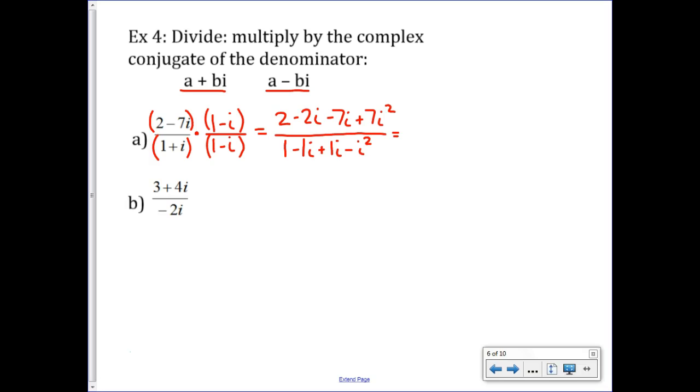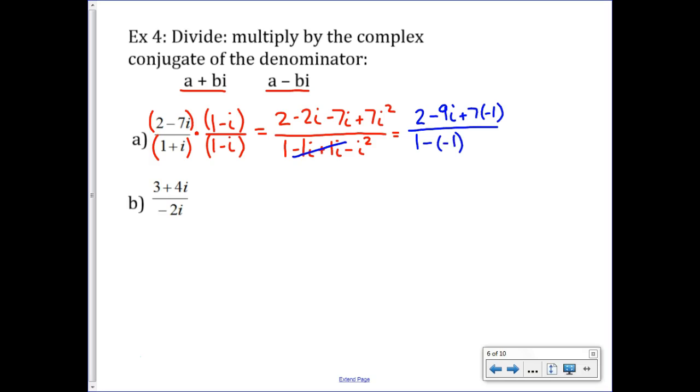Okay, so now I'm going to simplify this. I have 2 minus 9i plus 7 times negative 1, over, minus 1i plus 1i cancels. So I have 1 minus, and then i squared is negative 1.